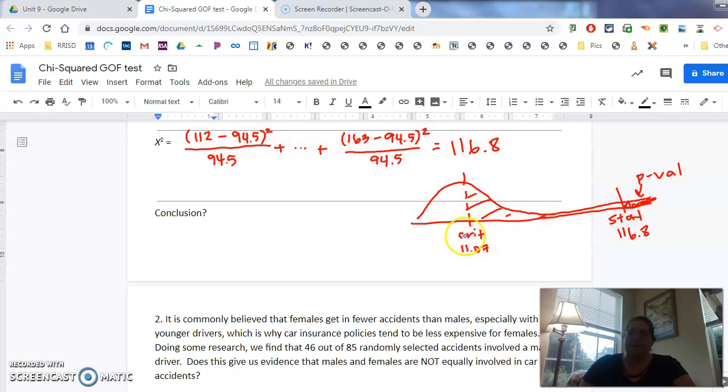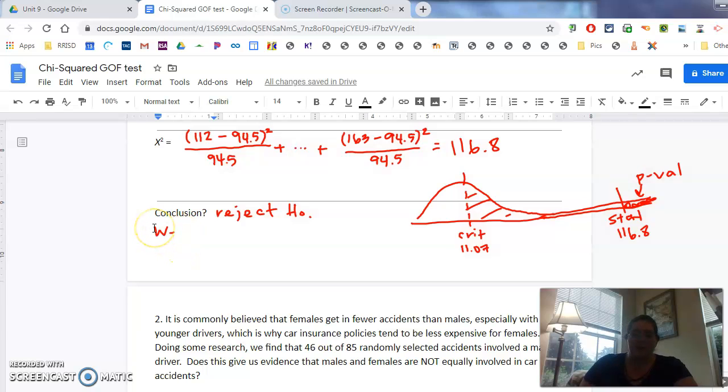So if our statistic is in the critical region, meaning it's past the critical value, then we are rejecting our null hypothesis. Remember, our null hypothesis said that the claimed or the actual colors of M&Ms are like what the claim was. And if we're rejecting the null, it means we have evidence of our alternate.